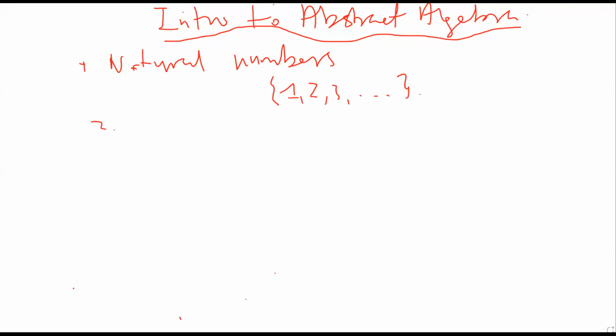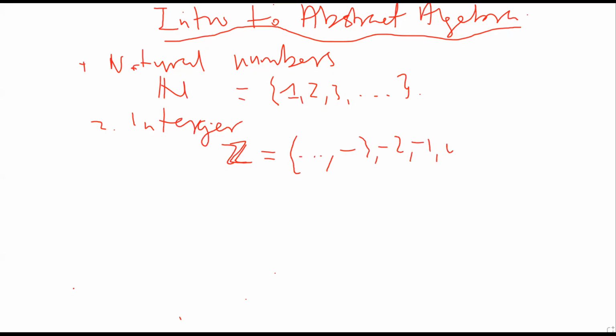We also spoke about the integers. This is Z, and this was equal to the negative natural numbers, including 0, all the way up.